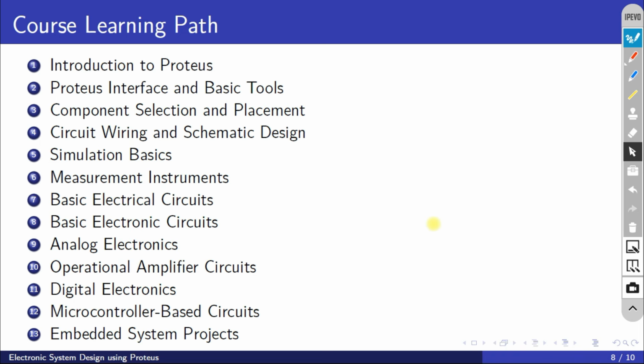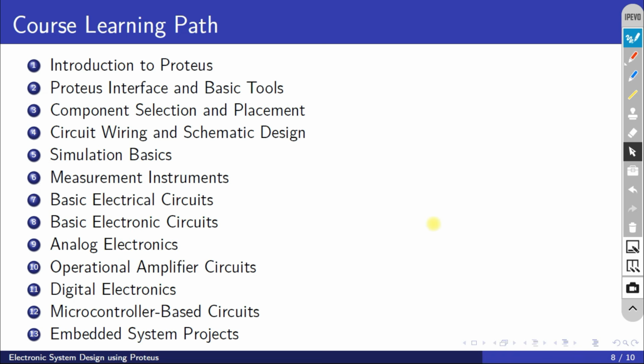After completing the analog section, we will move towards digital electronics. In the digital section, we will design and simulate logic gates, Boolean logic circuits, multiplexers, decoders, flip-flops, counters, registers, and other digital systems. Later, we will explore microcontroller-based circuits and embedded system projects using Proteus.